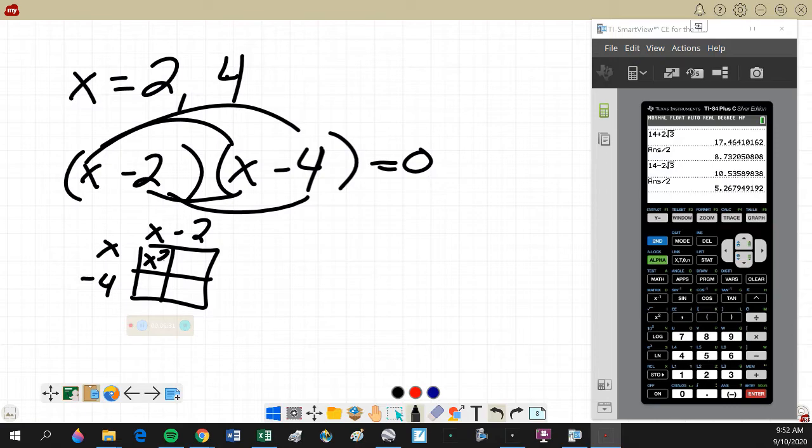So x squared, -2x, -4x, -4 times -2 is 8. And then I get x squared minus 6x plus 8. Do you guys understand that? Okay, let's do another one.